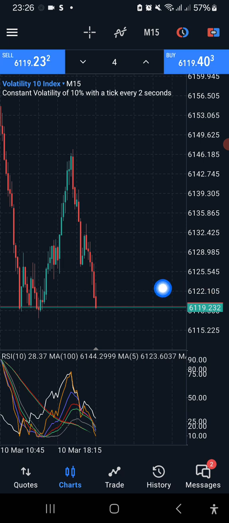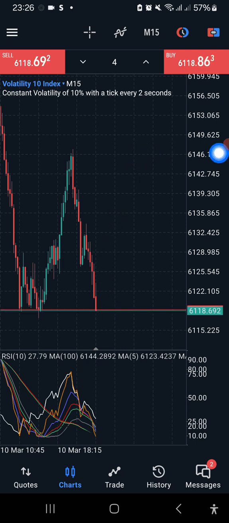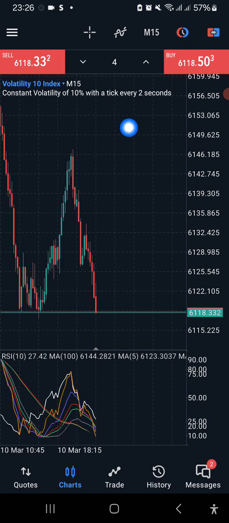The market is selling right now, as everybody can see, but I don't want to enter a sell here. I want to place a sell limit at this point, so that when the market retraces or goes back up and decides to come back down again, then my sell limit order will be activated.